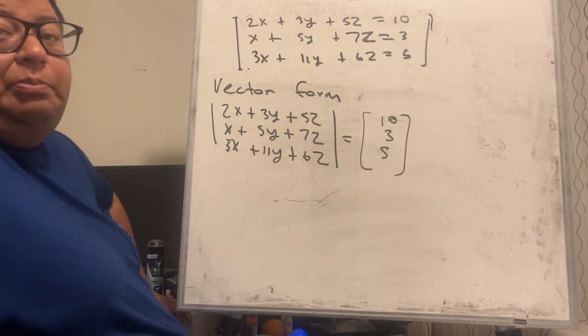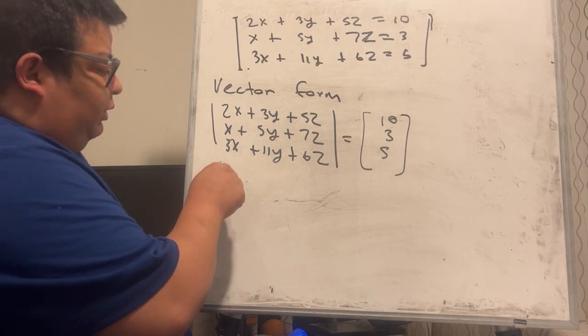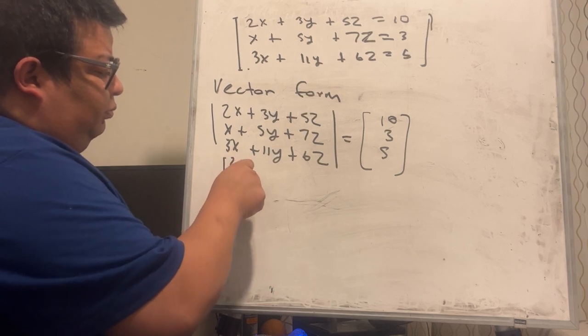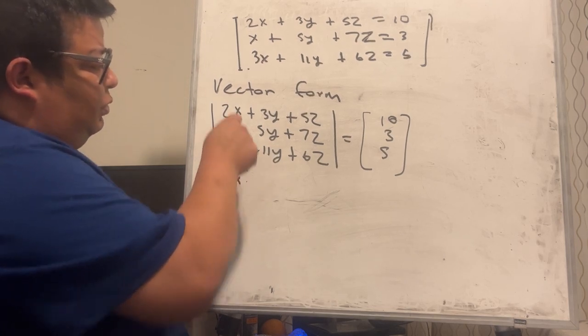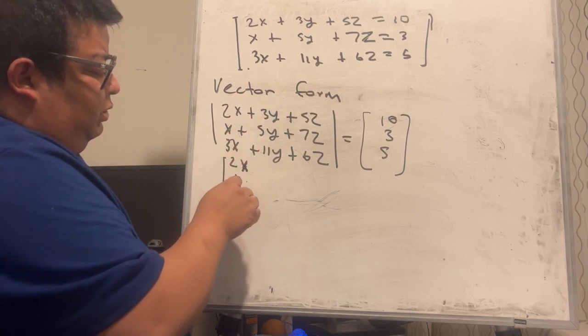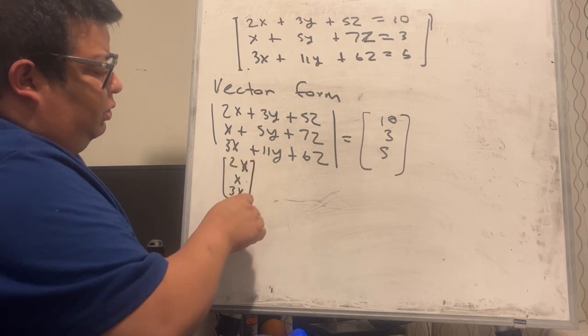Another way you can write it in vector form is as follows. You write it like this. You separate each variable into columns.